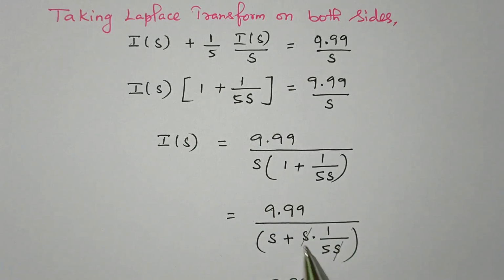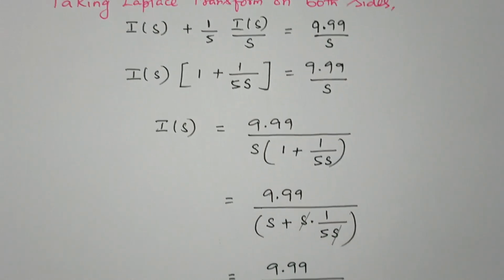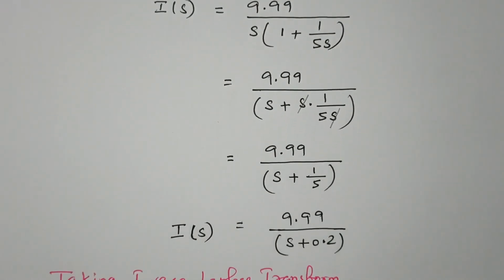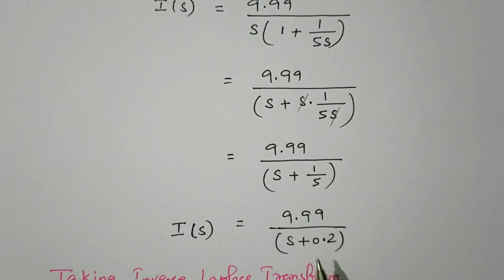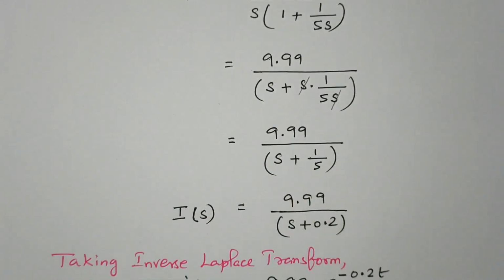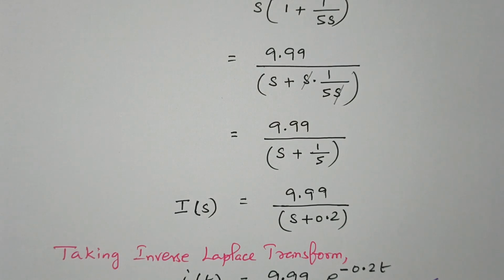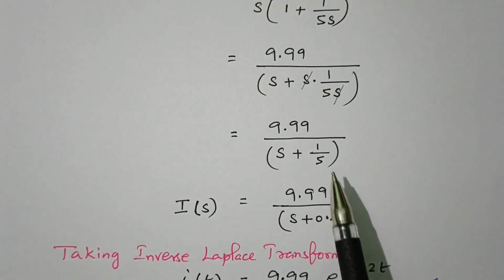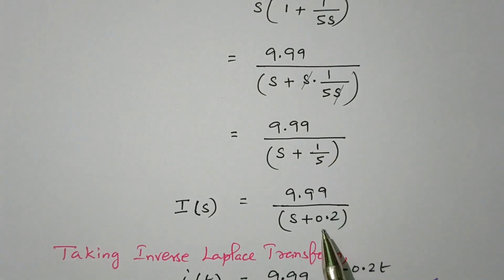This 5s gets cancelled. So finally we have 9.99 divided by s plus 1 by 5. 1 divided by 5 is 0.2. So finally we got 9.99 divided by s plus 0.2.